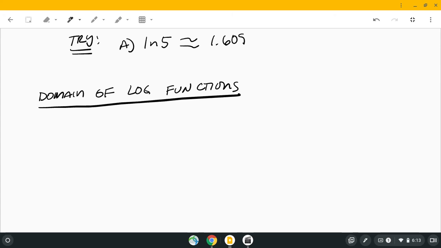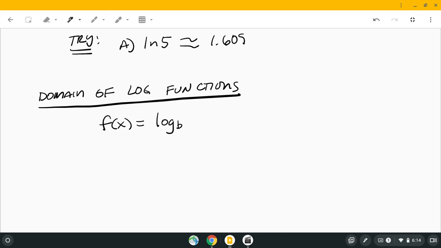All right, and one last thing here, the domain of log functions. So we said that if you have f of x equal to log, whatever base it is, whether it's common log, natural log, or base 2, or base 5, whatever the base is. Here I'm trying to write b.